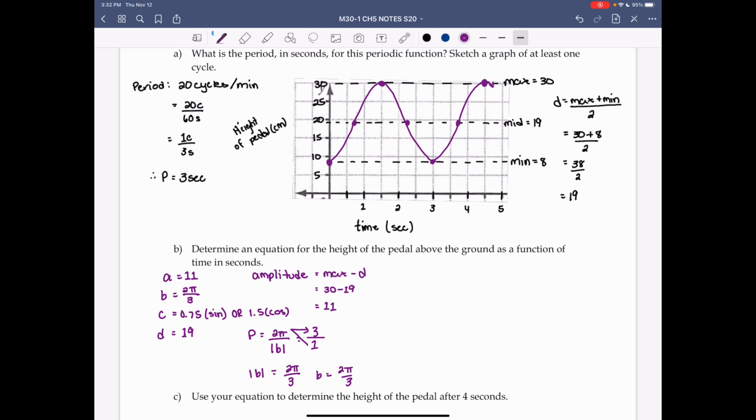So either c equals 0.75 if we write this as a sine function, or c equals 1.5 if we write this as a cos function. And remember, this is only two of an infinite number of possible equations that we could write.